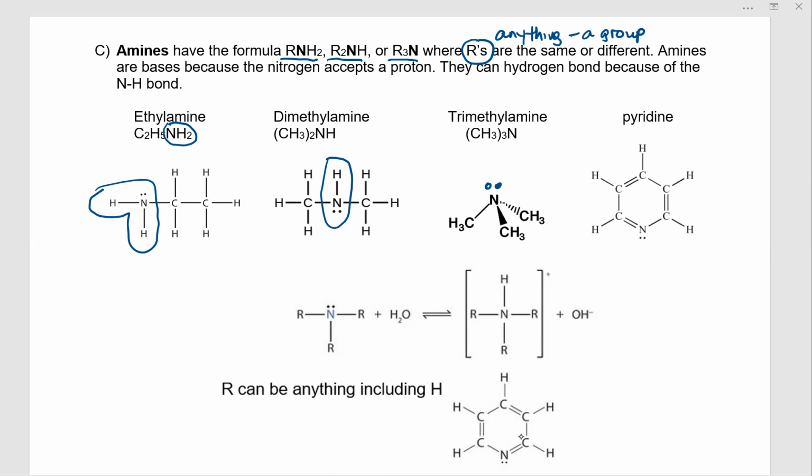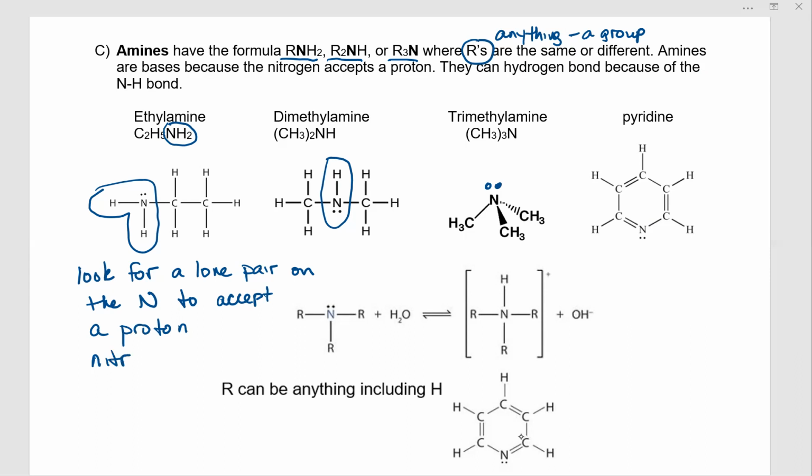And then pyridine. So all of these have a lone pair. So look for a lone pair on the nitrogen to accept a proton. These are called nitrogenous bases.